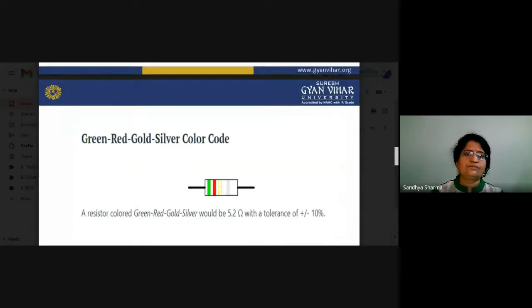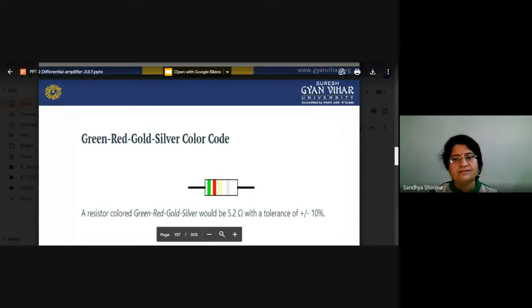In another one, the colors are green, red, gold, silver. Green is digit 5, and red is digit 2. The third band is gold. If we are talking about the tolerance, that is plus or minus 10%.